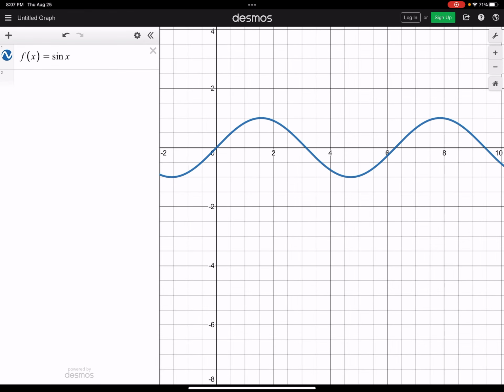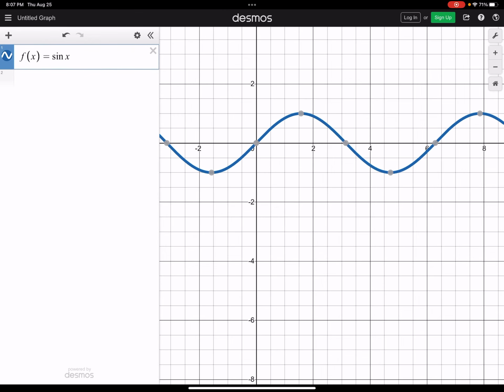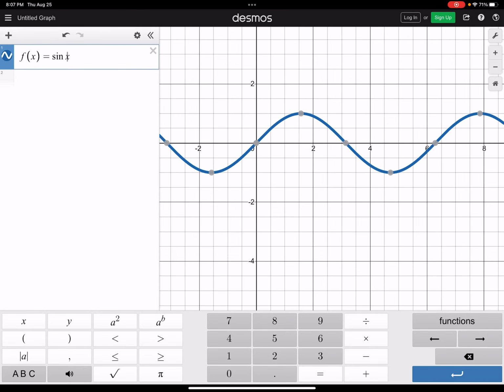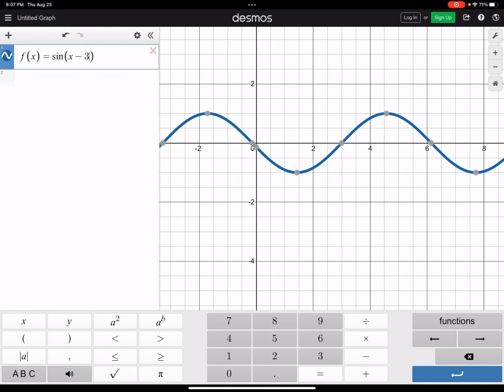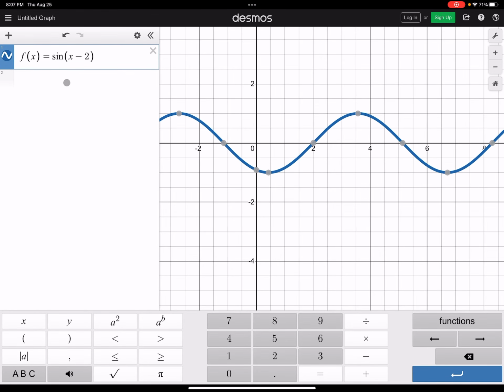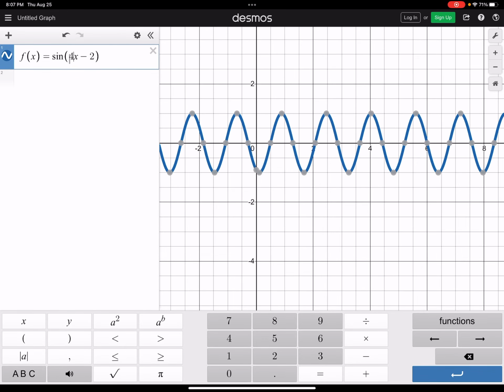We're going to deal with stuff like sine graphs in pre-cal, and a sine graph can get shifted as well. Right? I can shift it over 2. And if I put like a 4 here, can you see the horizontal compression?